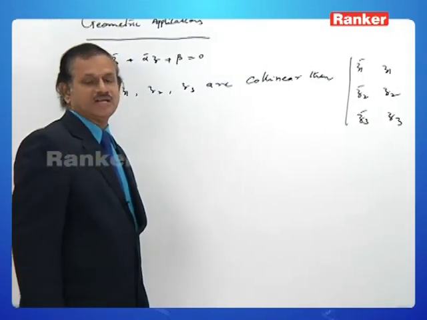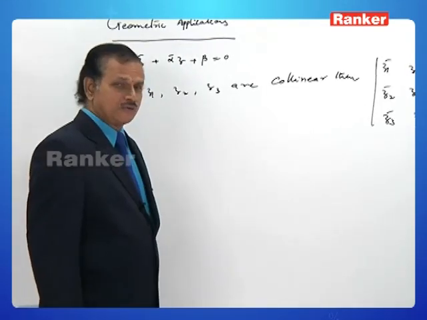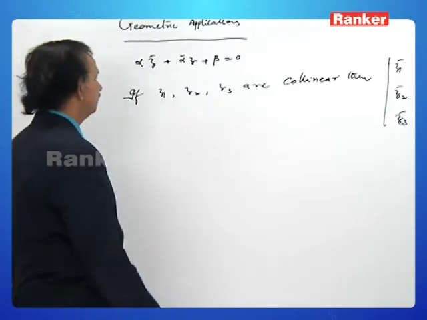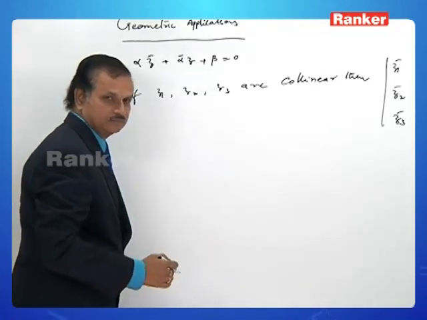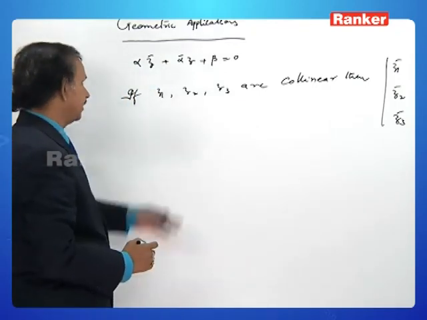How can we believe that? Should you remember that? Not necessary. How? Look here. Let this be the line containing those three. Then these three complex numbers should satisfy this equation.